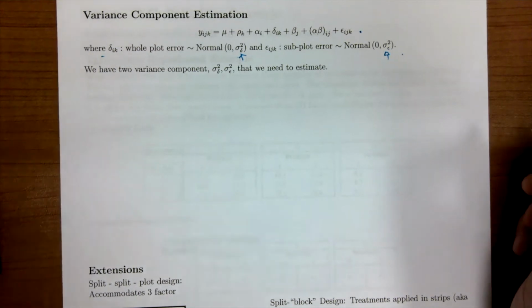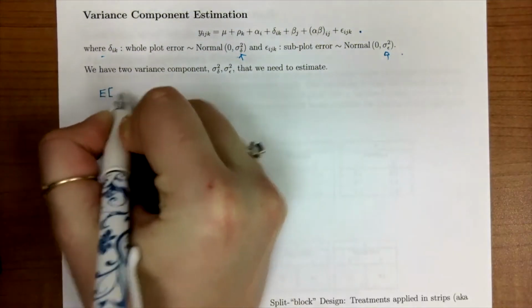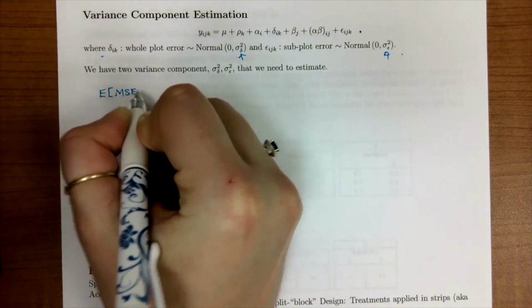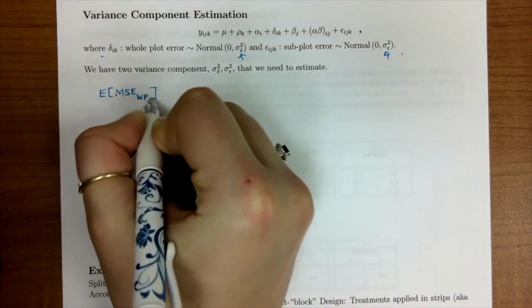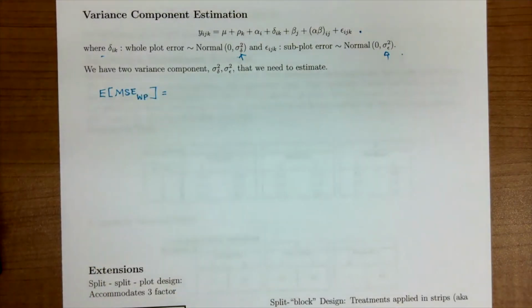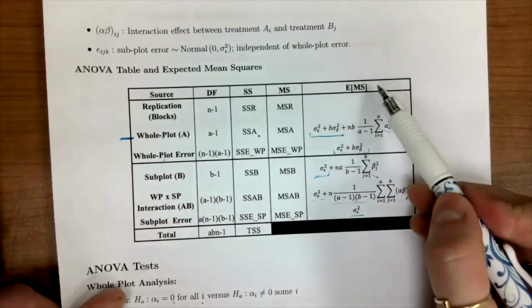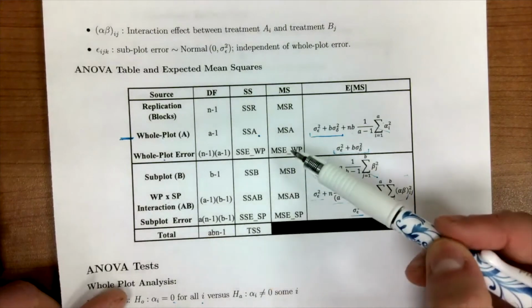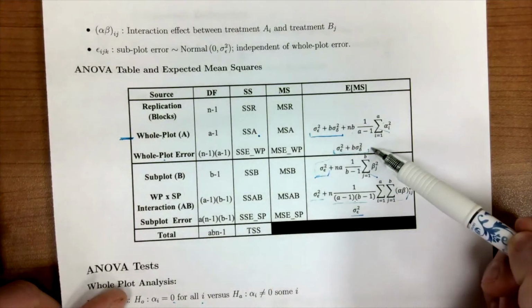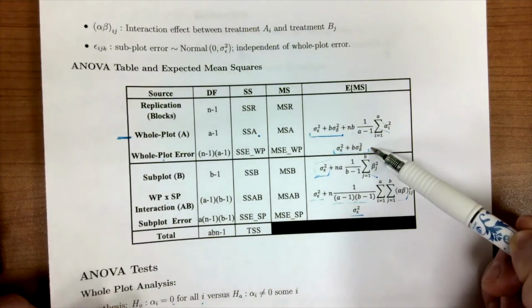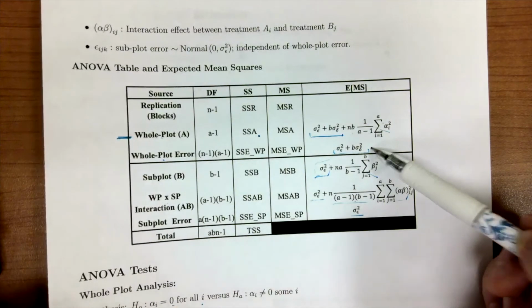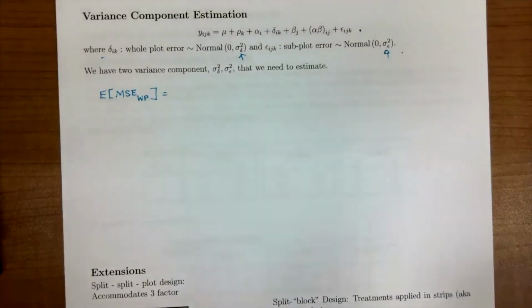The first important information is that the expected value of the MSE of the whole plot is equal to, let's just bring this back so I can show you what we're looking at, sigma squared epsilon plus b times sigma squared delta.